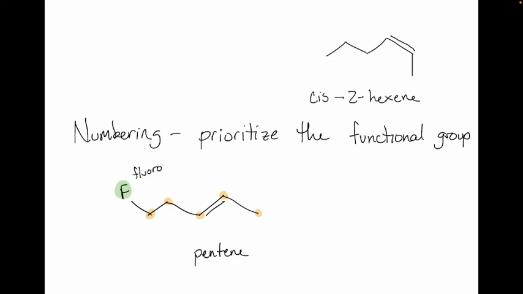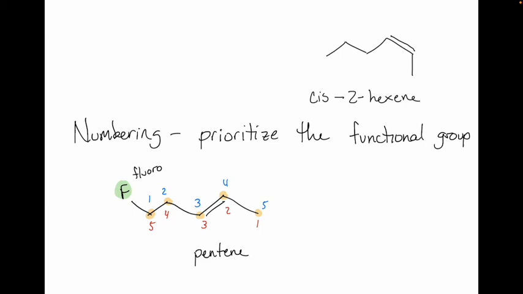Okay? But now when it comes to numbering this parent chain, we have to prioritize our functional group, prioritize the double bond. All right, so what the heck does that mean? That means I'm going to do it the long way. I'm going to put in my two numbering schemes. Previously, we were picking whichever one had the lowest number, right?